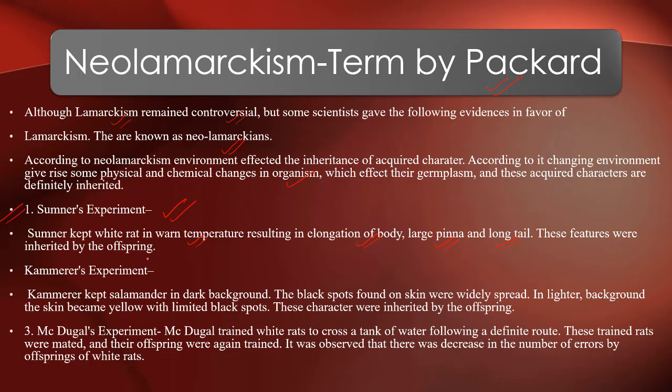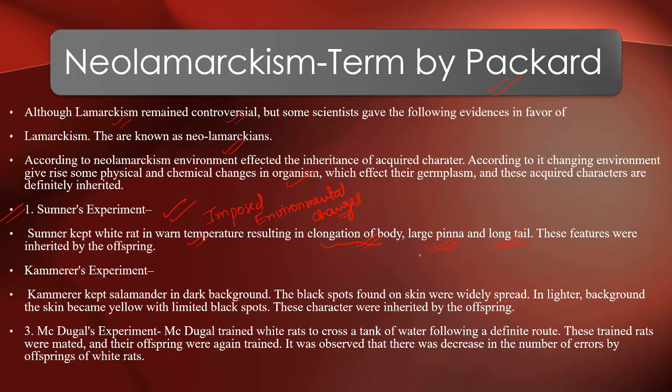So Sumner basically imposed environmental changes, and he got to see that the body form is changing: elongation of body, large pinna, long tail. These features were inherited by the offspring.